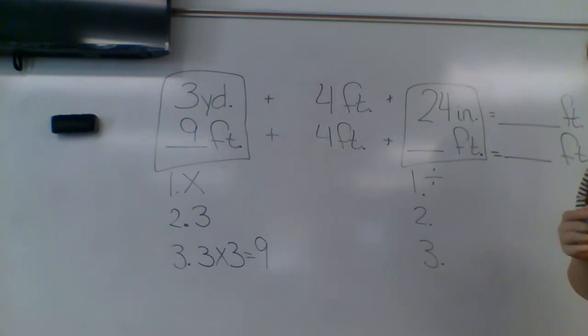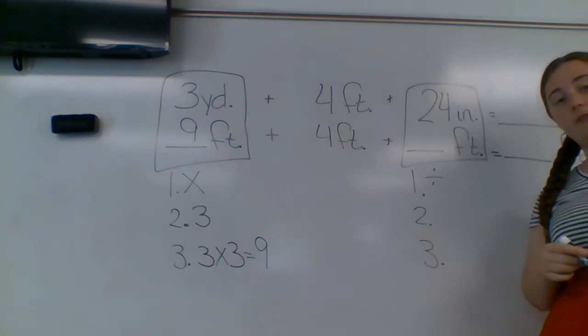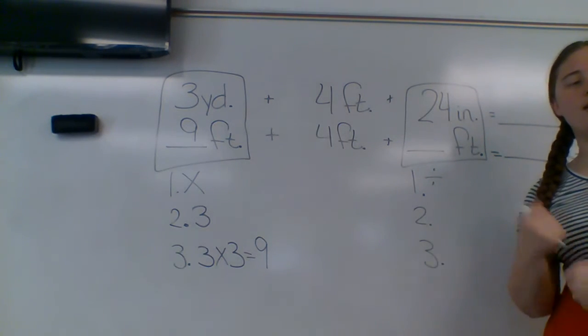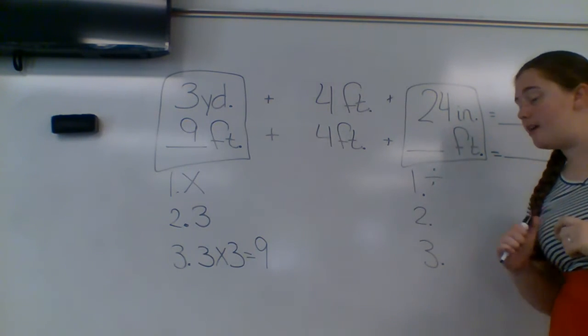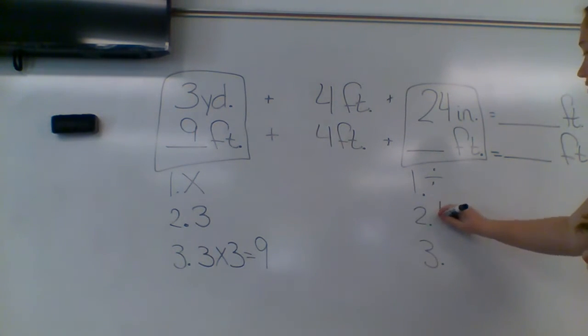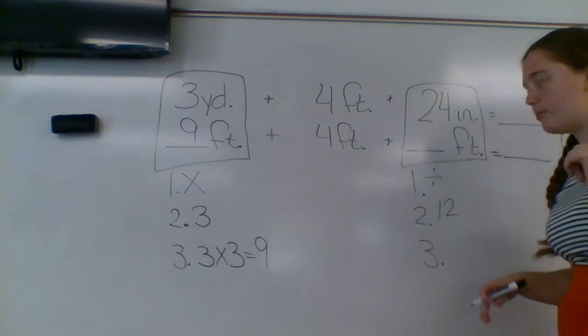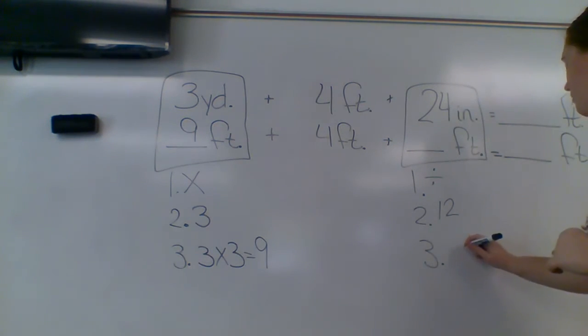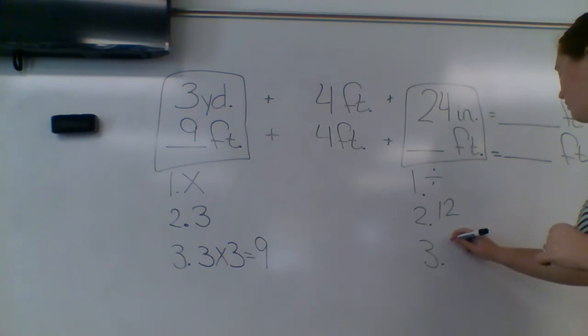Step 2, I'm going to have my special number. My special number, how many inches are in a foot? Well, we should definitely know that. There are how many inches in a foot? 12. So let's put that special number down. And then we're going to do the math. Step 3, I'm going to take my number in the box up here, which is 24.